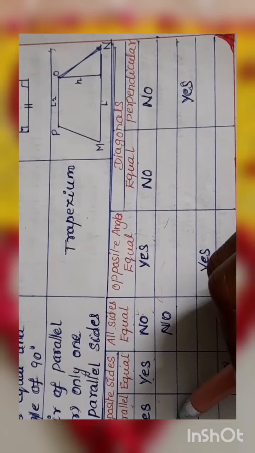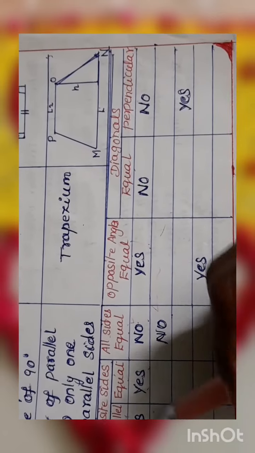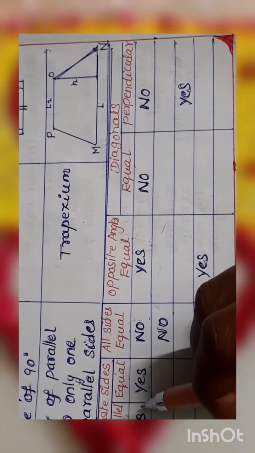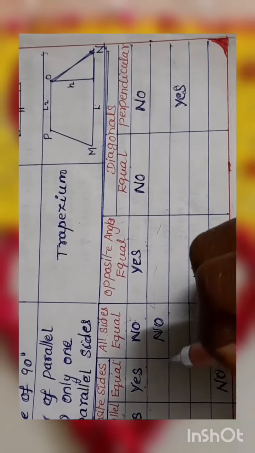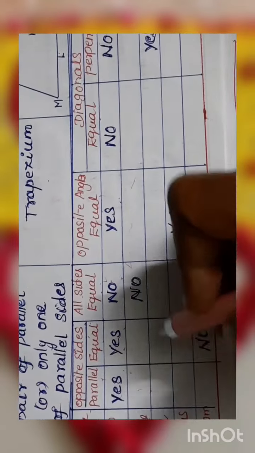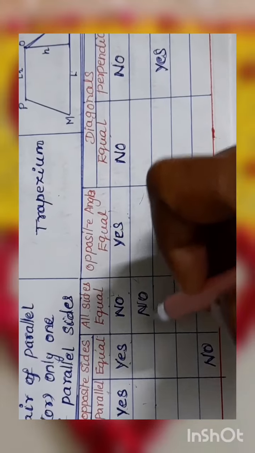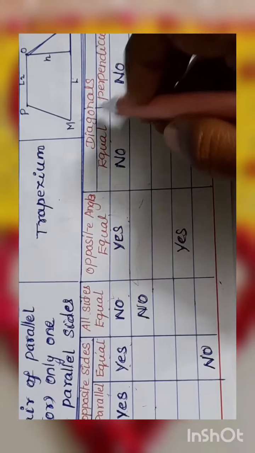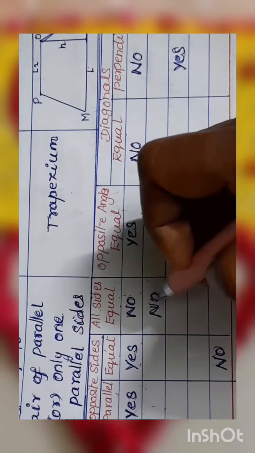In the rectangle, opposite sides are parallel and also equal, so we write yes here, yes here. The rectangle satisfies all the criteria except that all sides are equal.